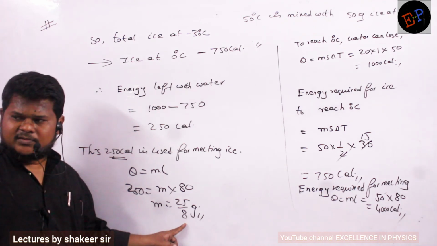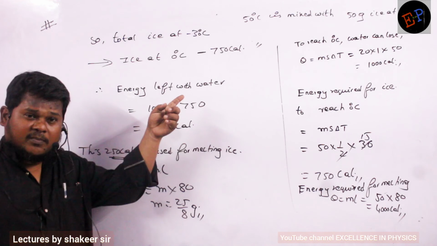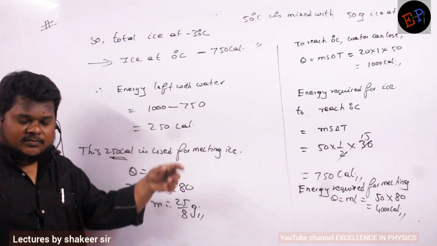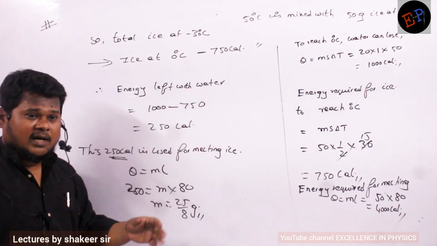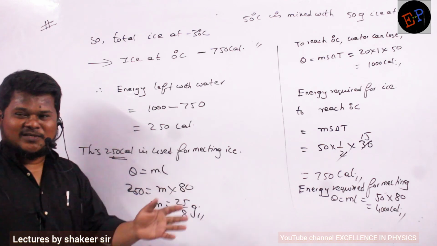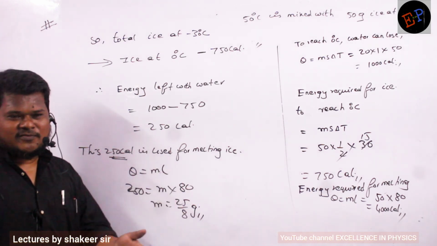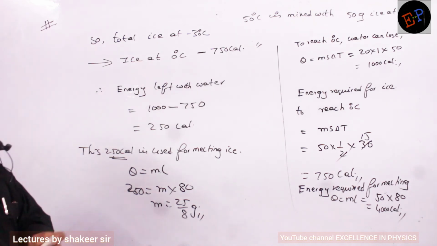When melting happens, does the temperature change? It doesn't change. So temperature remains 0. What is the temperature of unmelted ice? 0 only. What is the temperature of water after reaching 0? 0 only. So temperature of everything is 0. Temperature of final mixture also 0. That's it. Did you understand anything? Clear?